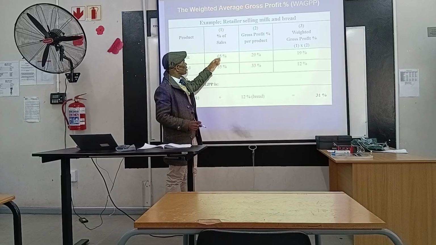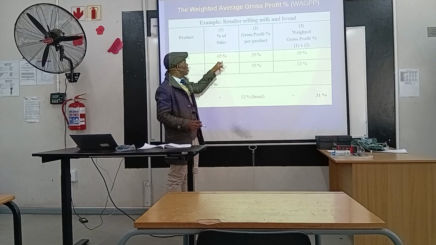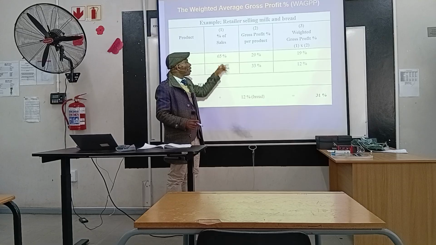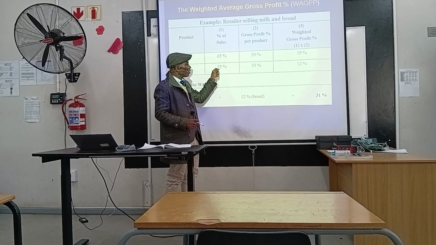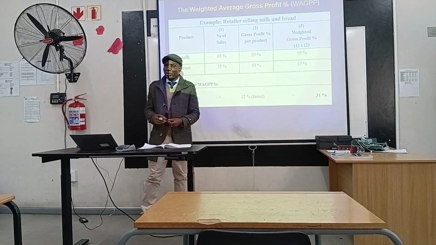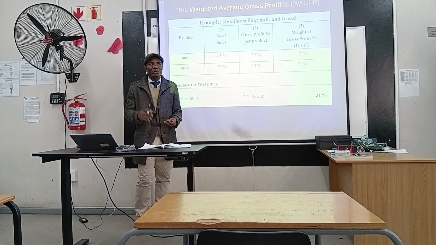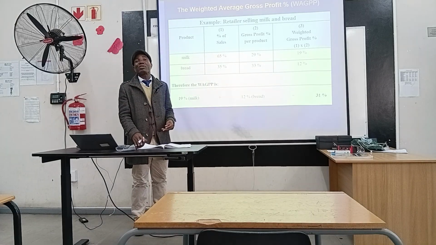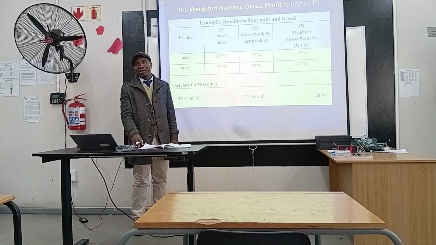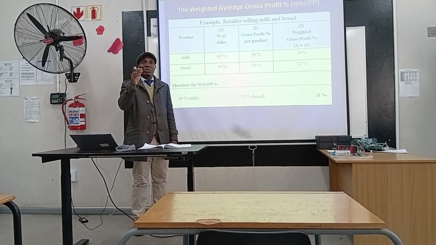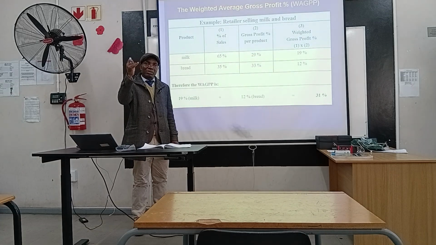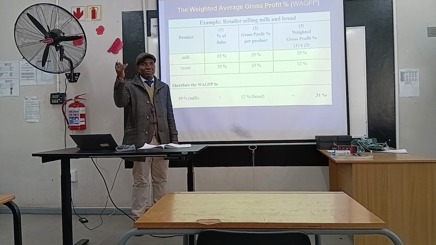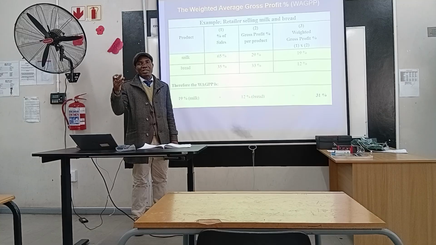Then in terms of sales, this one is of higher sales, right, turnover than this. So when you have products of this nature in your shop, if you want to calculate the gross profit, you don't use that straightforward one because that one is for only one item. One item, the markup is the same. It doesn't change. Then the sales is the same percentage.